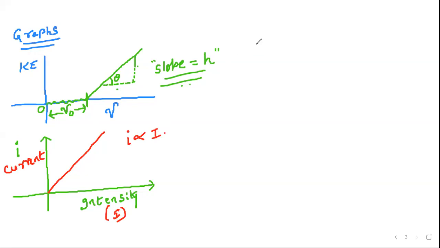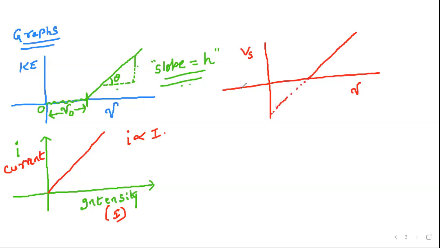Now, let me plot the graph between the stopping potential versus the frequency. Here also, as the frequency increases, stopping potential is going to increase. It is going to be a straight line only, because it is just kinetic energy divided by electron charge.